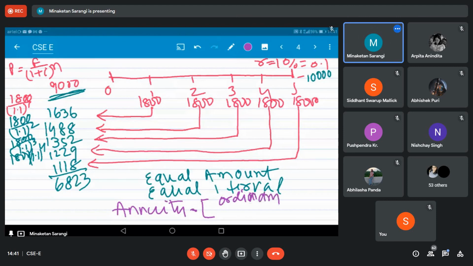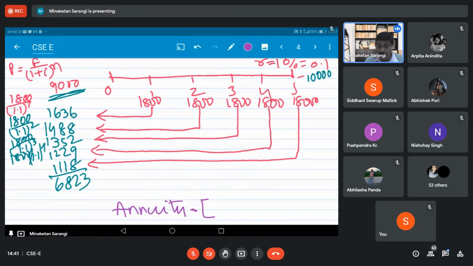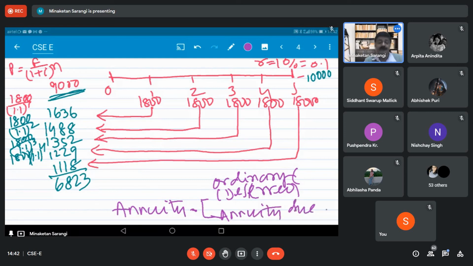The second is what we say annuity due. Two types of annuities are there. One is ordinary or deferred annuity.